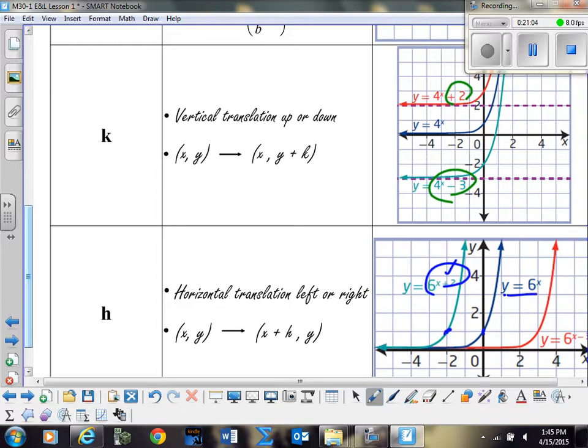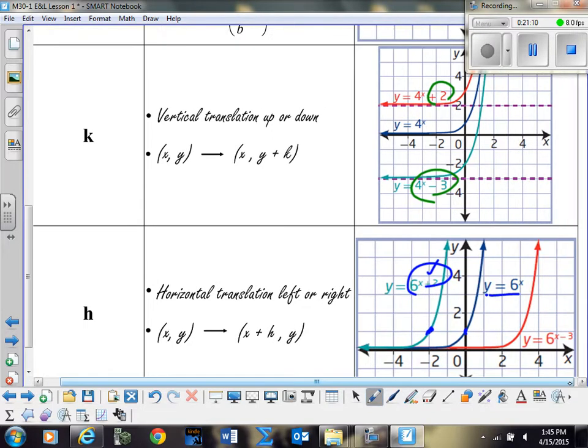That key point is a nice one to show us that. In this case, we have 6 to the x minus 3, so this would be right 3, and we're going to move this point right 3, would be right there. So we're not changing the shape, we're just moving it left and right, and the horizontal asymptote doesn't change. The horizontal asymptote was just affected by the k value.